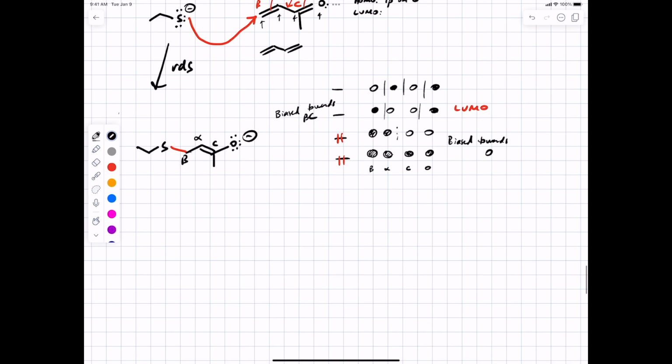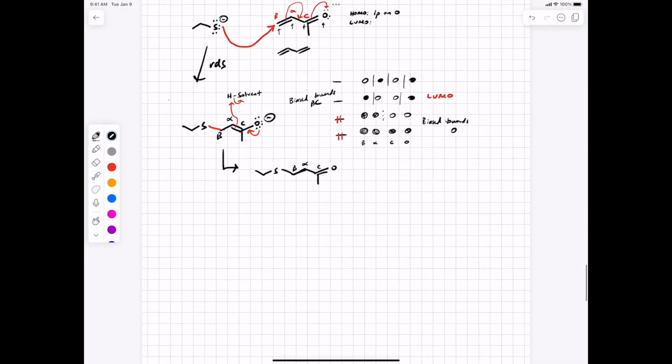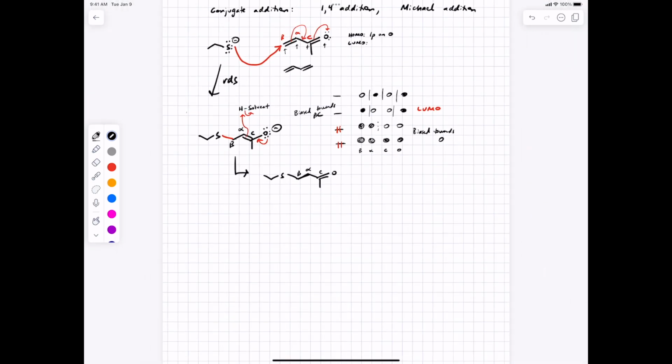And then our standard arrow pushing will show the enolate getting protonated on the alpha carbon, usually by some kind of solvent. And then the product of this reaction is your nucleophile is now attached to what was your beta carbon. Carbonyl carbon, alpha carbon, beta carbon. Okay, does that look familiar? You've seen that maybe before.